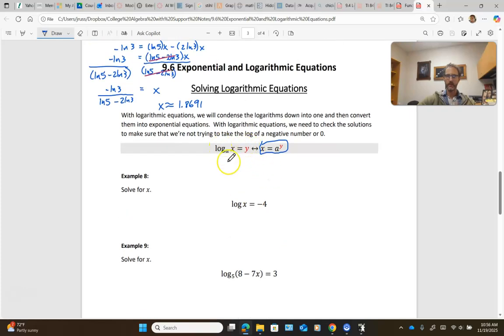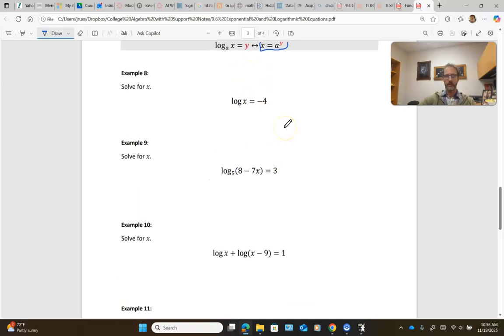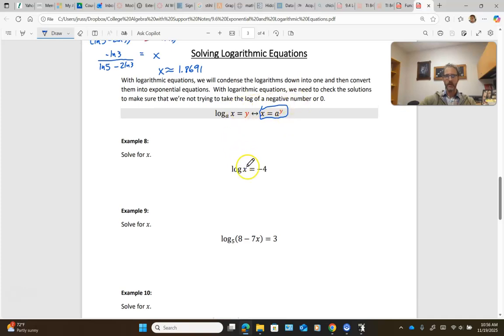So if I have 2 logarithms or 3 logarithms, and somehow I need to condense that down to just one logarithm. So hence our work in 9.5 in condensing those logarithms. Alright, well, let's take a look at example 7. And by the way, when you convert a logarithmic equation to an exponential equation, that is called exponentiating.